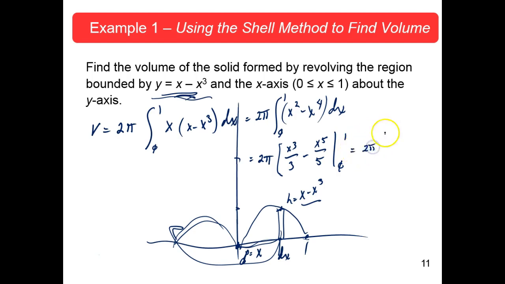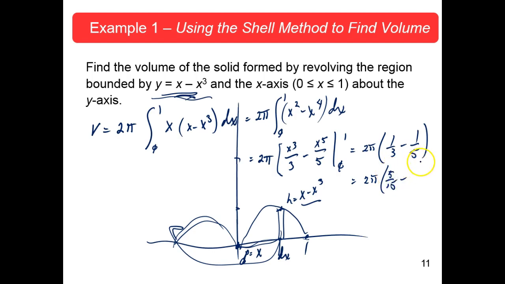And what does this give us? 2 pi times 1/3 minus 1/5. I'll do the 0 part. Okay, done. What does that give you? 2 pi times, okay, fractions. So we love these, don't we? Least common denominator? 15. How many 15ths is 1/3? 5 15ths.